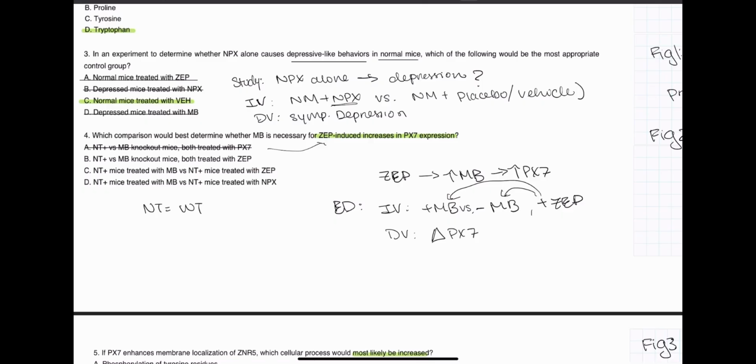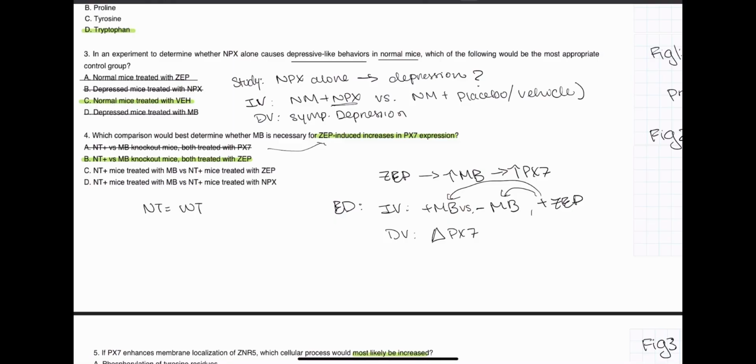B, NT versus MB knockout mice, both treated with ZEP. That sounds like the simplest answer, and it will help us draw a direct line between the two, so I will choose that. But I can still go through the other ones and see that B is the best one. NT versus mice treated with MB versus NT mice treated with ZEP.